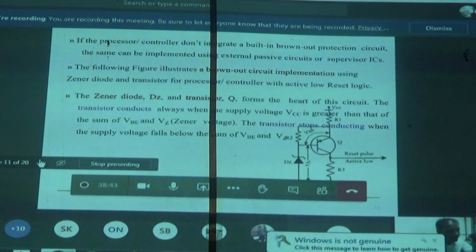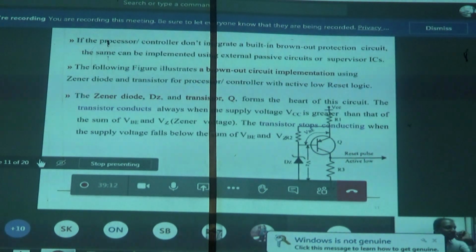The transistor stops conducting when the supply voltage falls below the sum of VBE and VZ. As I told you, if VCC is 10 volts and VBE and VZ together equal 11 volts, there is no conduction, and immediately the transistor is going to stop.